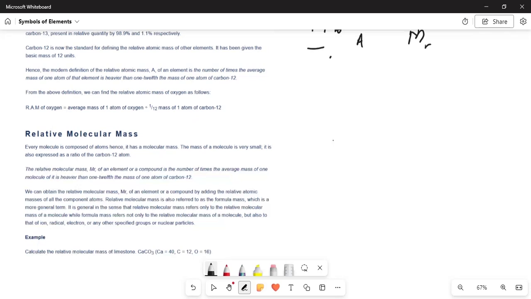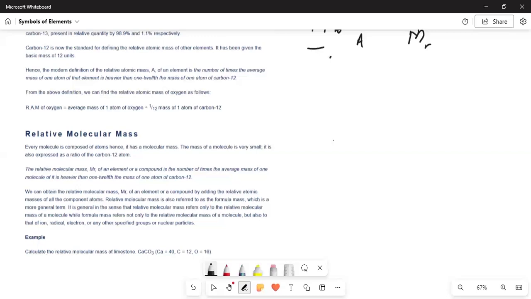Here is a question that says calculate the relative molecular mass of limestone, and the formula is given to us, CaCO3. In brackets, they give us the relative atomic mass of each of the component atoms. Remember we said that even though we can now get the actual masses of these elements using a mass spectrometer, we still use the relative values, those obtained by comparing these atoms to how many times they were heavier than an atom of hydrogen.